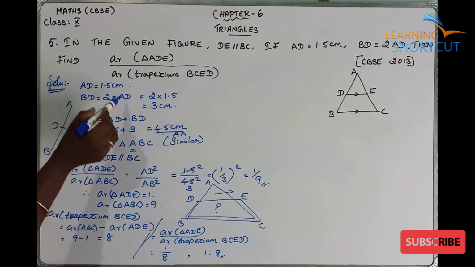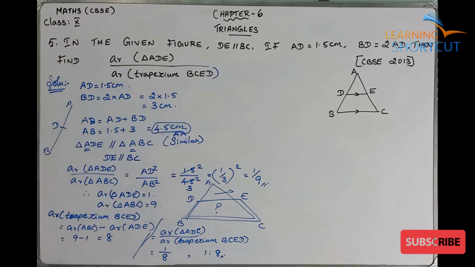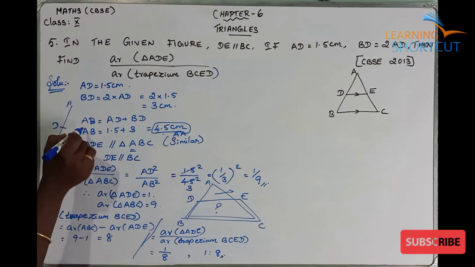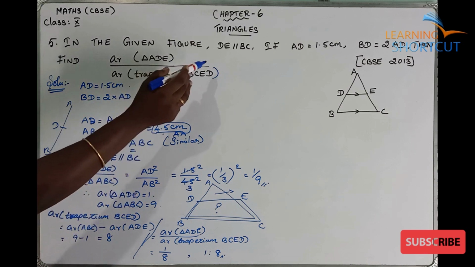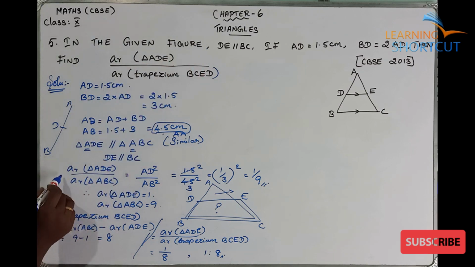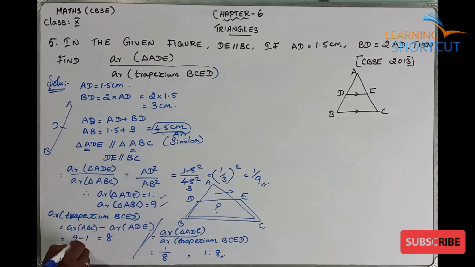We can add that and you will get 4.5 centimeter. So the whole triangle is similar to the ADE triangle, as DE is parallel to BC. This is already given in your question. So we have found out the value of both and we have substituted the value here and we got the answer as 1:8 ratio.